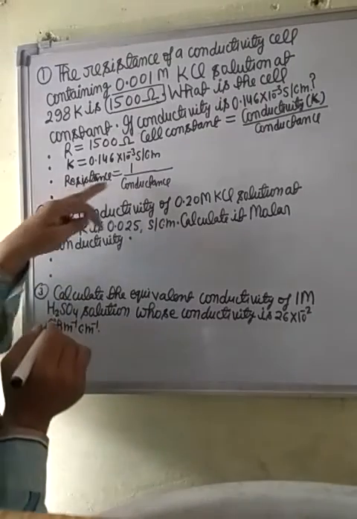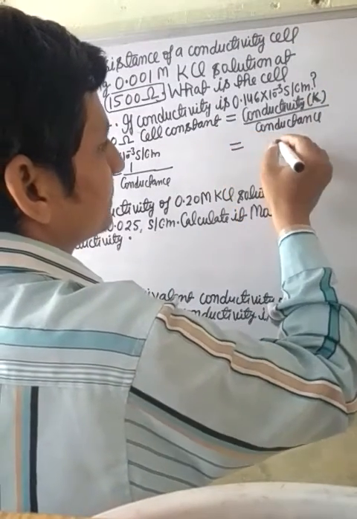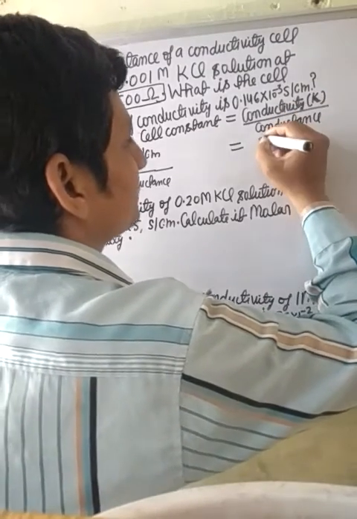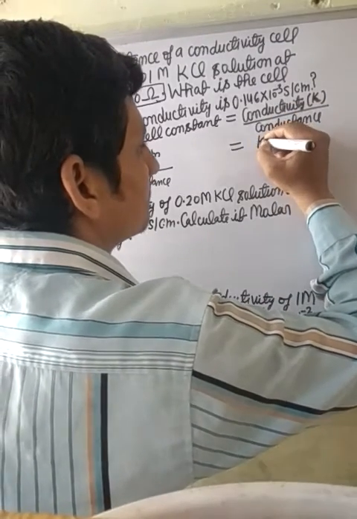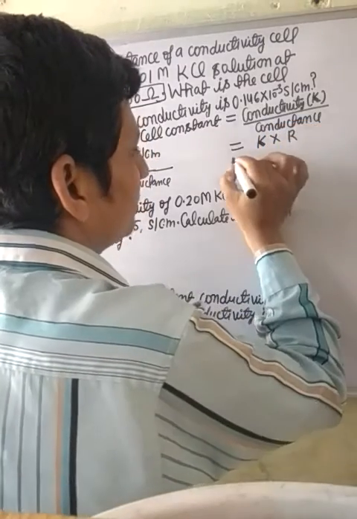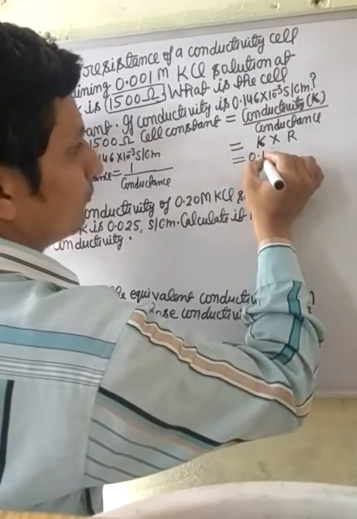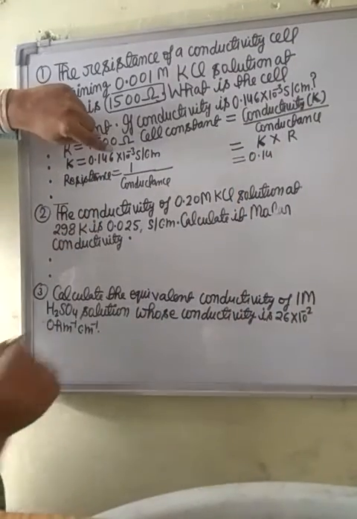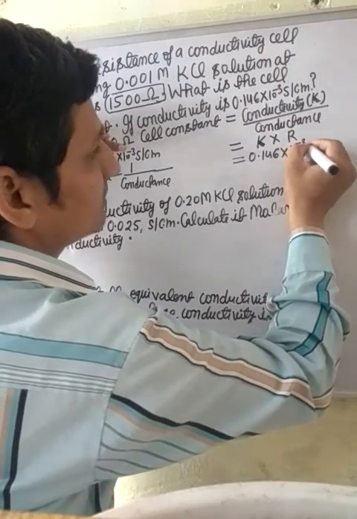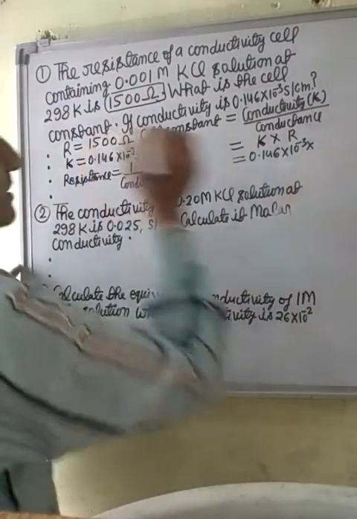So we can write cell constant is equal to conductivity kappa into resistance. The value of conductivity kappa is 0.146 into 10 to the power minus 3, into resistance R, which is 1500 ohm.